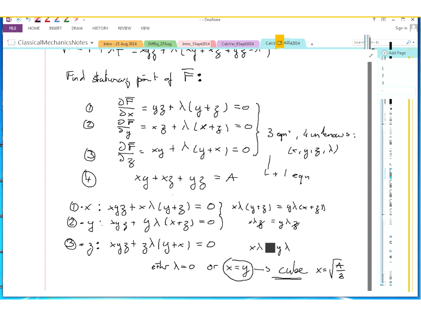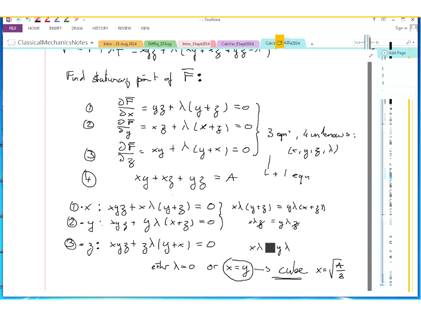That's because this method gives us stationary values, and we can find minima or maxima or inflection points. So then we have to use our brains a little bit to figure out which solution we're actually interested in. And we found that the shape of a box that maximizes the volume for a fixed area is a cube.